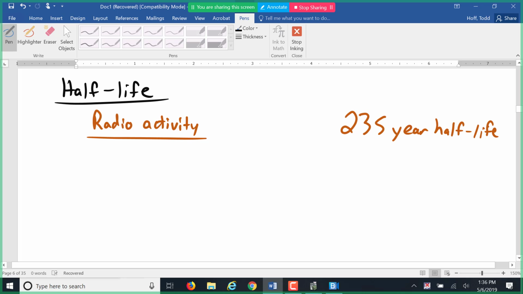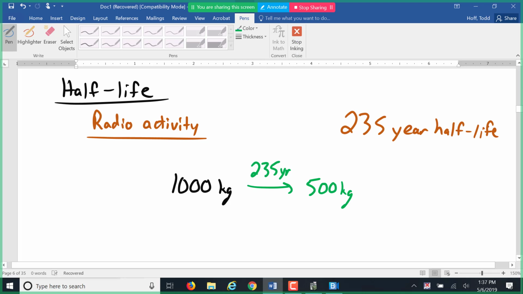So what that means is if you start out with 1,000 kilograms of material, in 235 years, it's going to be down to 500 kilograms.